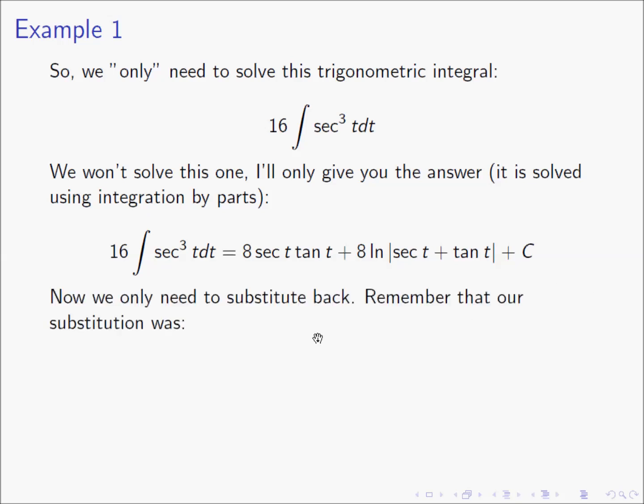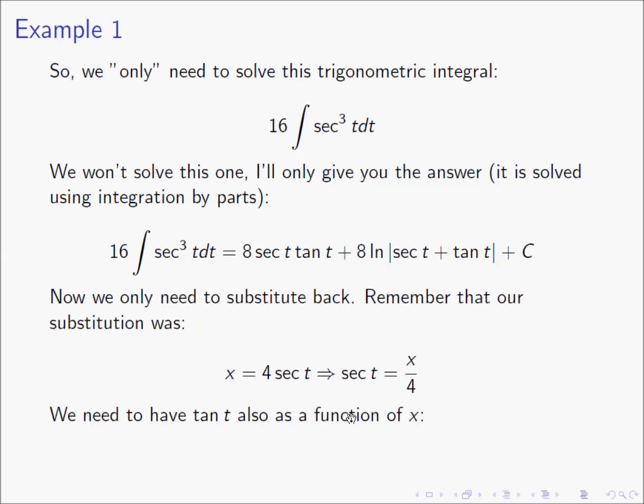Now we only need to substitute back. And remember that our substitution was x equals 4 secant of t, and that means that secant of t equals x over 4. But we have tangent of t here, so we also need to express tangent of t as a function of x.